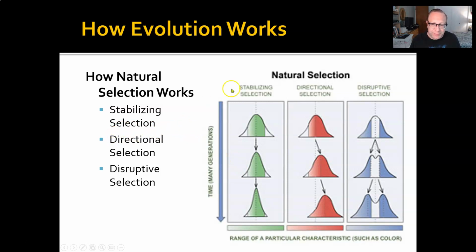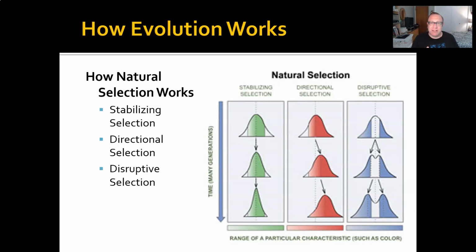The final one is called disruptive selection. This is when selection is occurring in the sort of middle values of the population. So here, the selective pressure is actually selecting for the most abundant frequency, the most frequent alleles in the population.